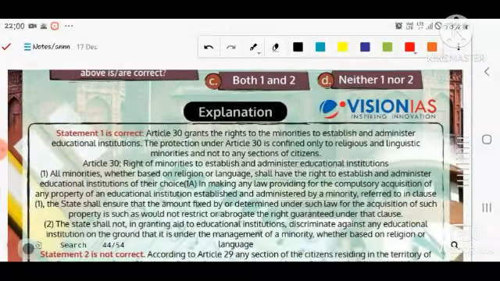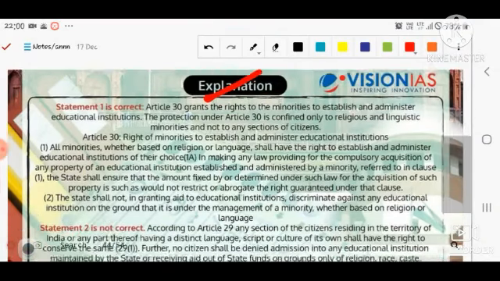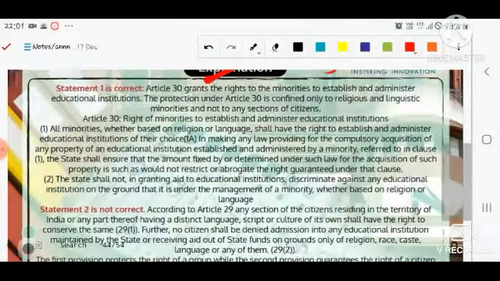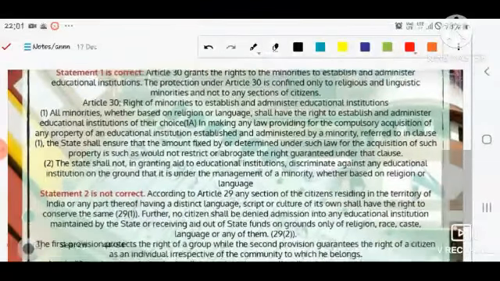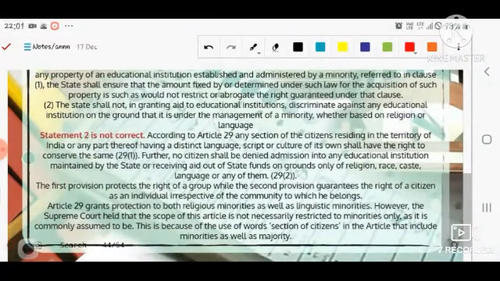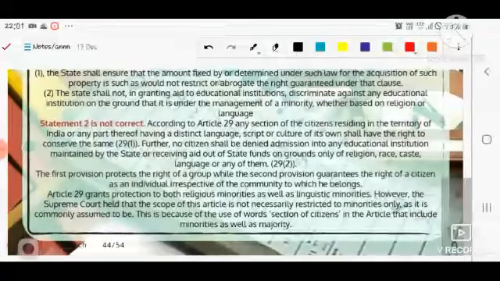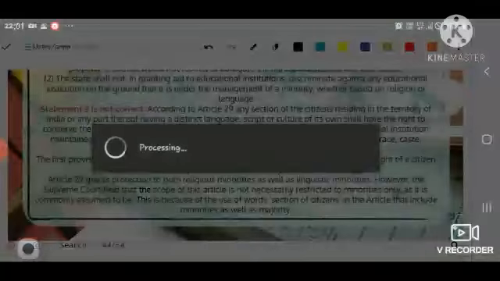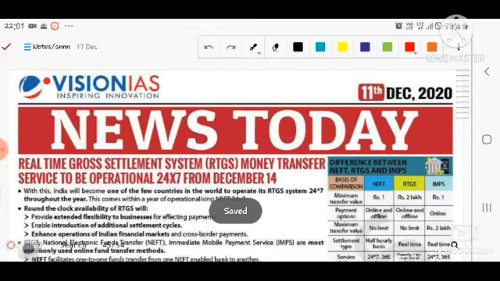Article 30 grants the right to minorities to establish and administer educational institutions. All minorities, whether based on religion or language, shall have the right to establish and administer educational institutions of their choice. The second is not correct because according to Article 29, any section of citizens residing in the territory of India or any part thereof having a distinct language, script or culture can preserve it as per Article 29 clause 1. And here it is script, culture, and I think one more is religion. I don't think so, that would not be there.